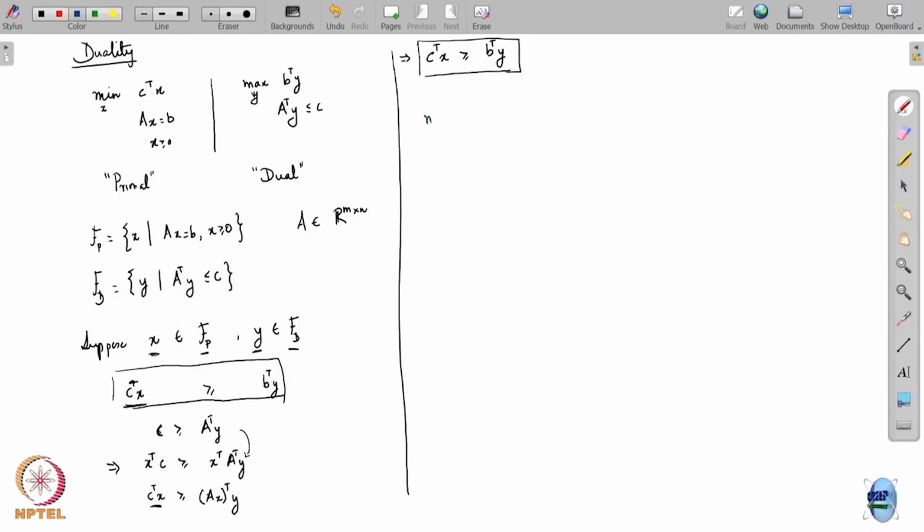So, the minimum value of the primal, assuming this exists, is greater than or equal to B transpose y, and this is true again for all y in F D.